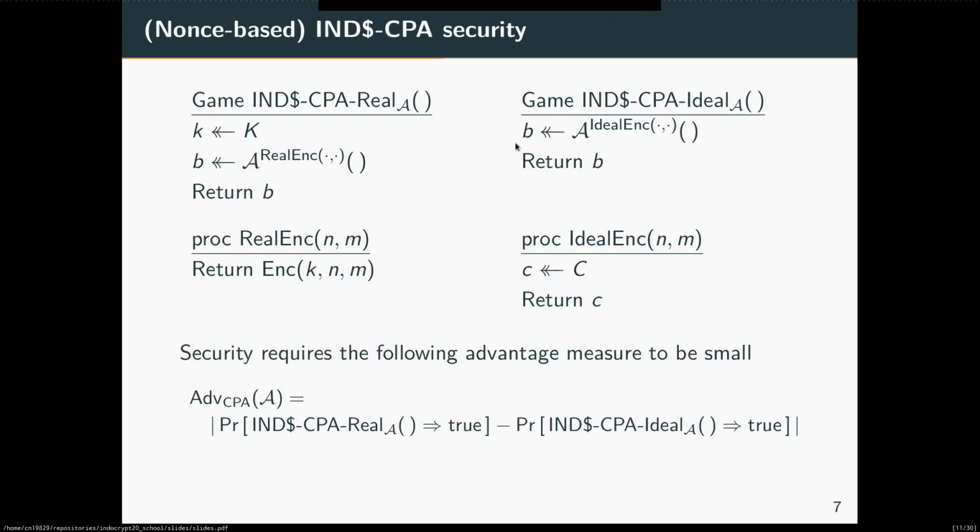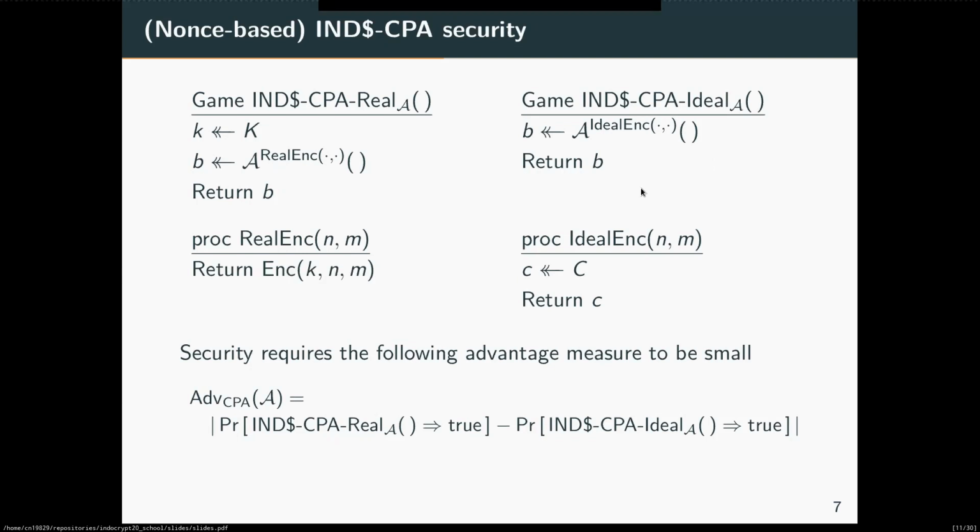And same thing, the adversary eventually gives us a bit B as an output, and that's the result of the experiment. The whole idea is that the ideal game on the right is the ideal functionality for encryption, producing ciphertexts that don't even depend on the plaintext. So they're perfectly hiding in the sense that they contain absolutely no information about the plaintext.